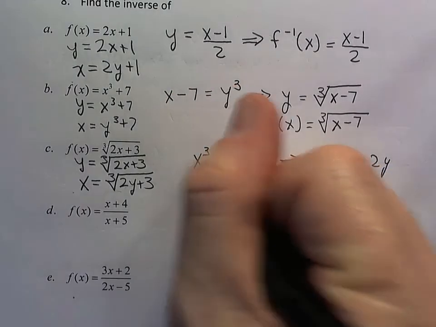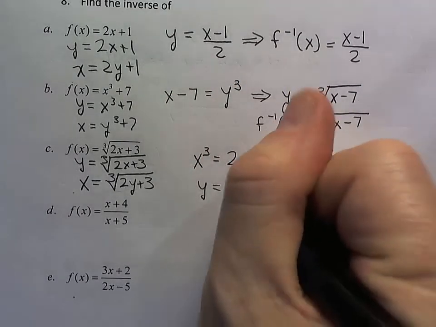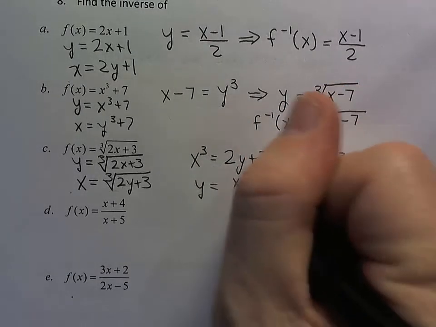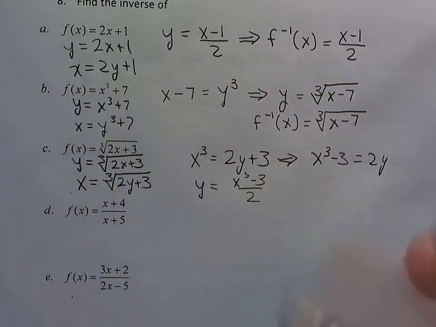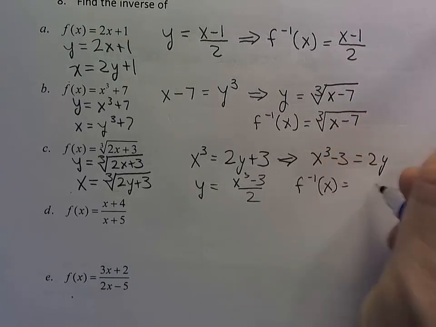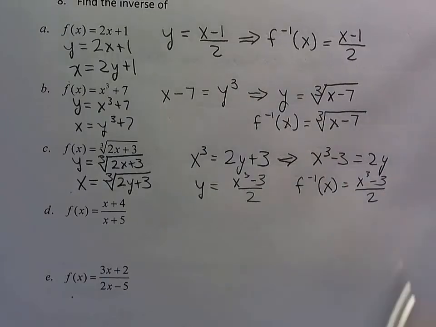So you get y equals x cubed minus 3 over 2. And that's your inverse right there. So you can put it back in function notation, just to make it clear, this is the inverse of the function f.